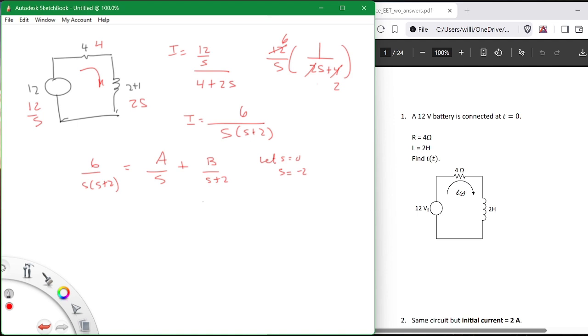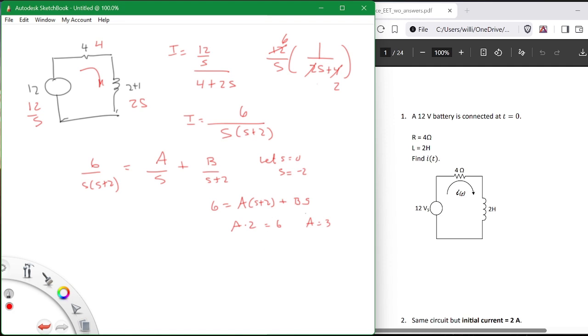We can solve for this. So 6 is equal to A times S plus 2 plus B times S. If we let S equal 0, out pops A times 2 equal to 6, A better equal 3.